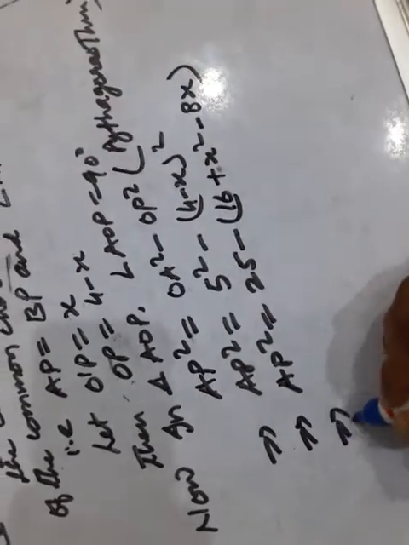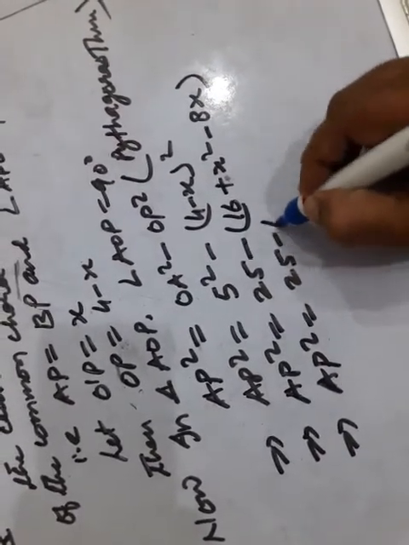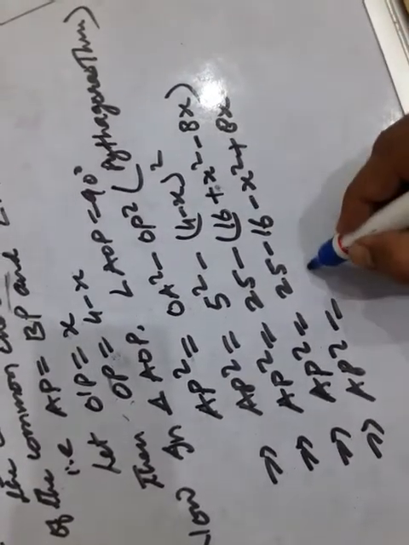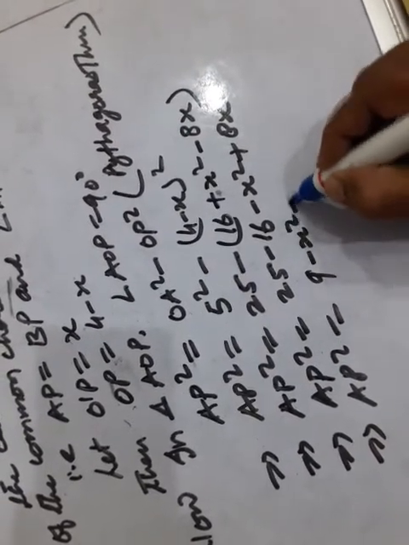This implies that AP square equals 25 minus 16 minus x square plus 8x, which is 9 minus x square plus 8x. Let it be equation number 1. Clear, children?